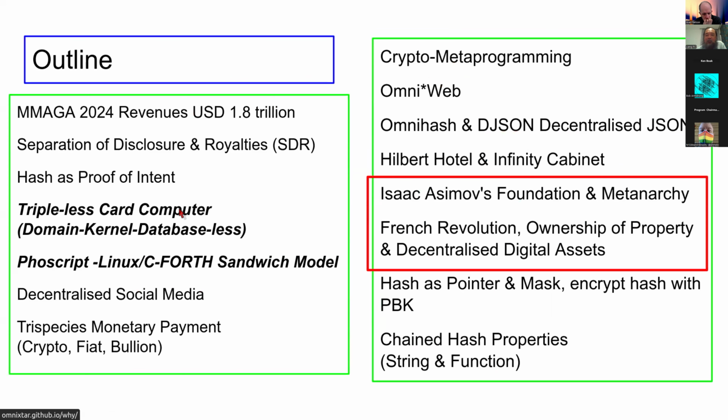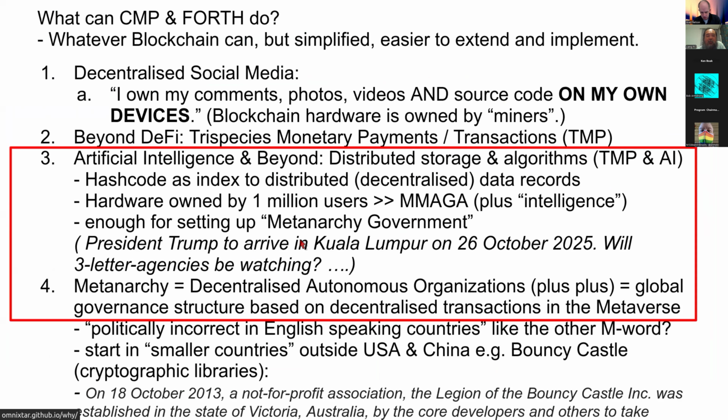Now, finally, to wrap up what I want to do in the future. Before I go into this metanarchy, I'd just like to say that AI is one area that Forth programmers and also the database-less framework can contribute to, because today most of the AI data is held in a centralized system.